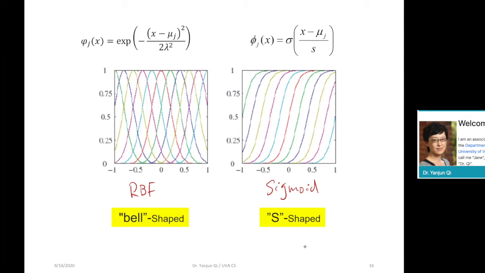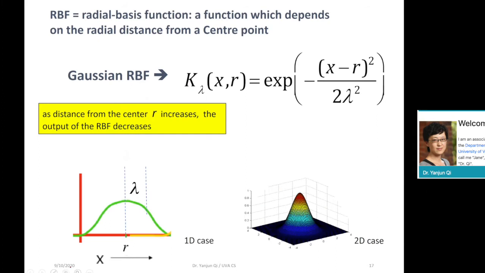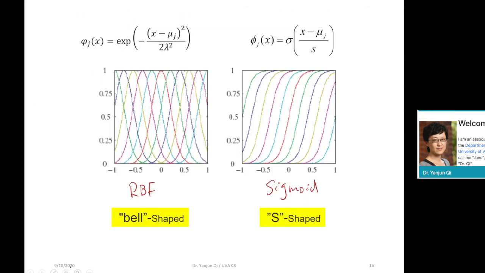It's a little crowded here. Each possible RBF basis function is just a bell shape, and the difference is the center, and also the wideness of the bell.